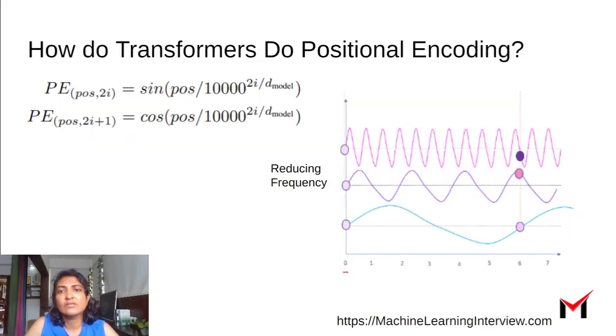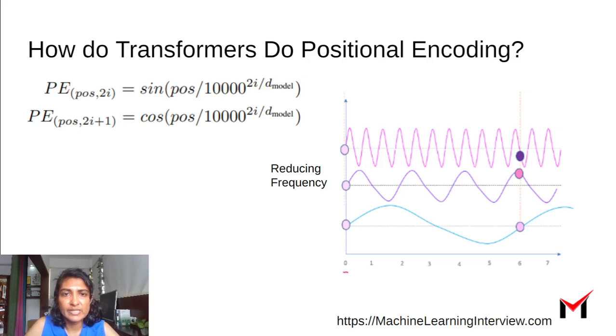So the Transformers paper does it this way, and there are multiple ways to do positional encoding perhaps, but the Transformer paper does it this way. For all the even positions, it takes sine of position divided by 10,000 to the power 2i by d model. Here POS is the position, d model is the dimension of the input vector.